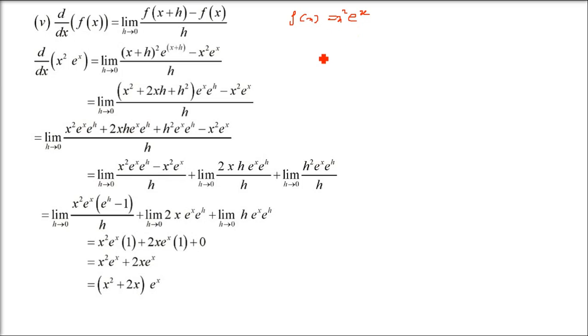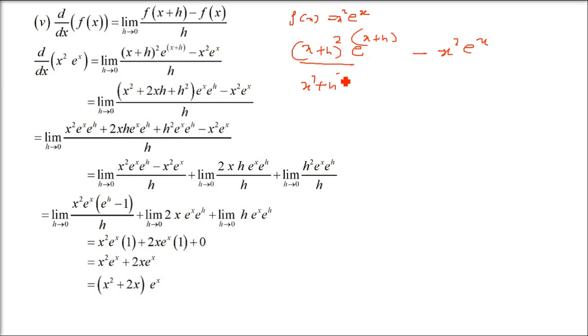So what we will do here is, I'll do it with the first principle, x plus h whole square e raise x plus h. Wherever x is there, put x plus h. Minus x square e raise x, and divided by h. And just multiply this. Divided by h I'll use later.